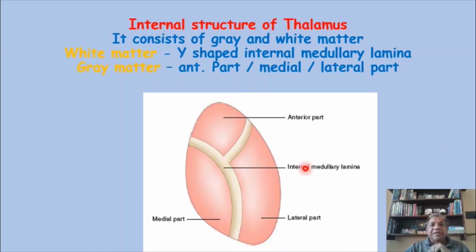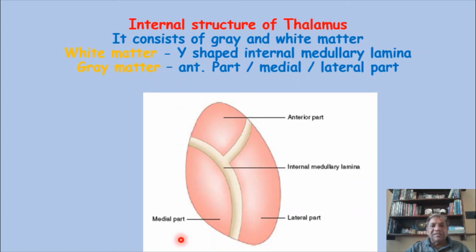The white matter is in the form of this Y-shaped lamina. These are the two limbs of the Y-shaped lamina, and this is the stem, and all the remaining part is the gray matter. This is the right thalamus cut horizontally.